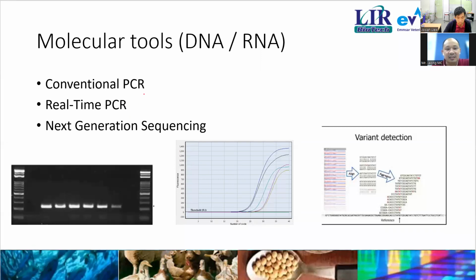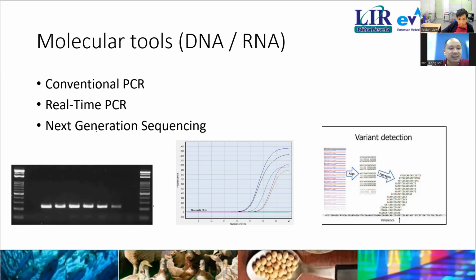Conventional PCR is the most traditional PCR method, and it involves three steps. The first is DNA extraction, which is the same for all applications. The second is the PCR process. The third is gel electrophoresis, where you view the result.